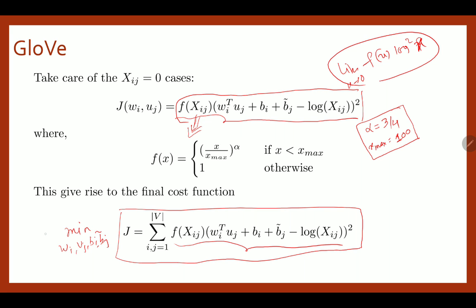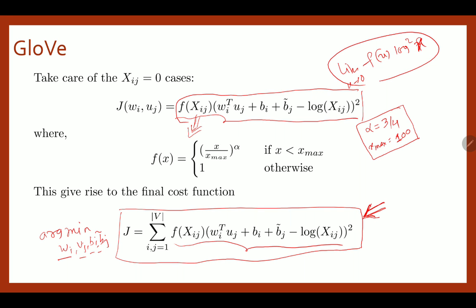You are looking for which of these parameter values gives you the minimum, and that ultimately gives you the vector representations for the corresponding words. Again, this can be solved by using one of the optimization techniques, such as gradient descent methods and so on.